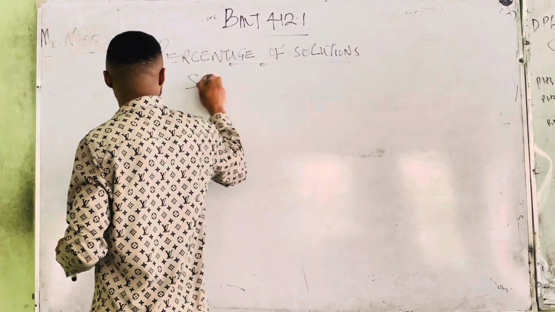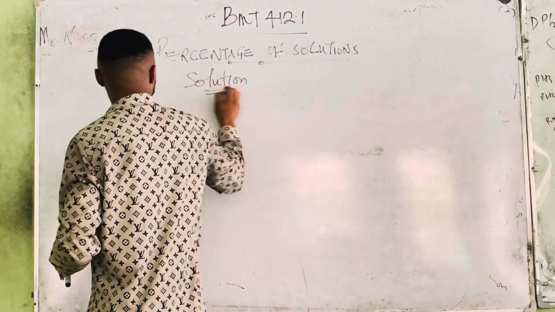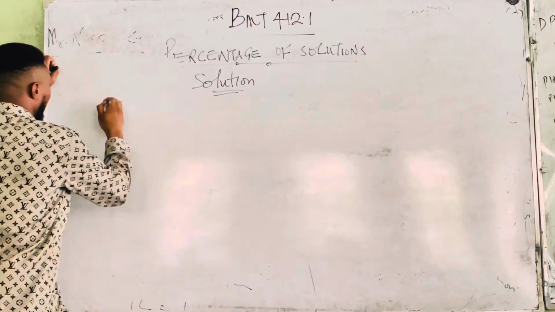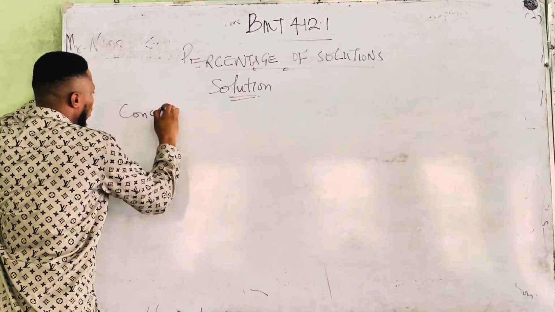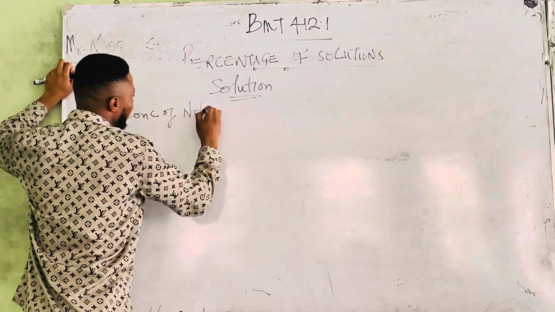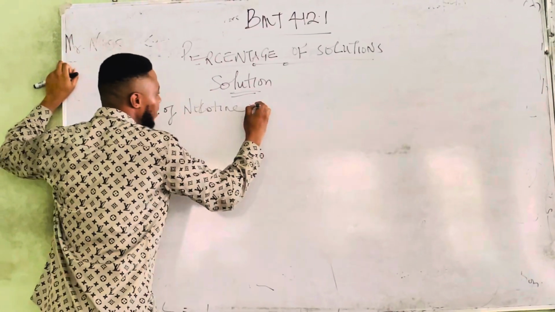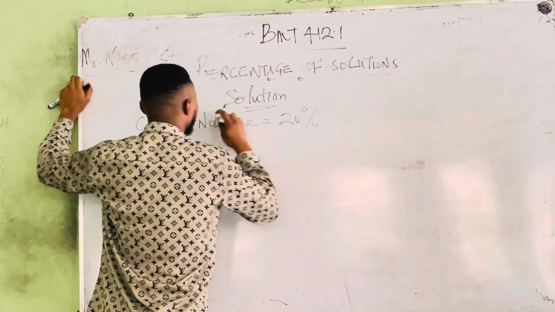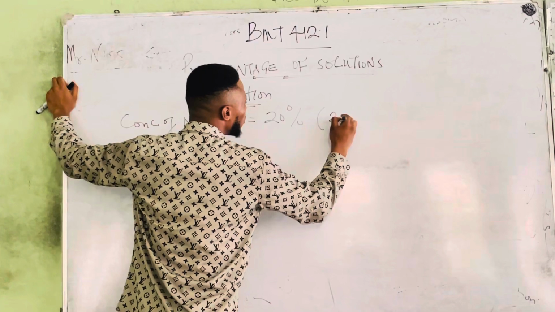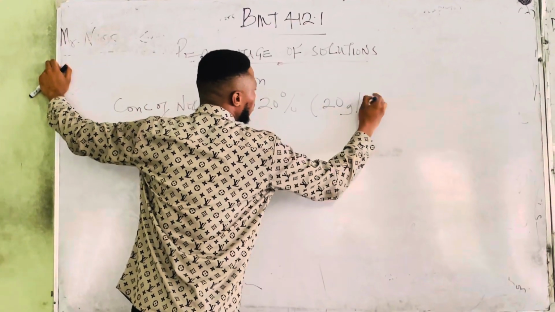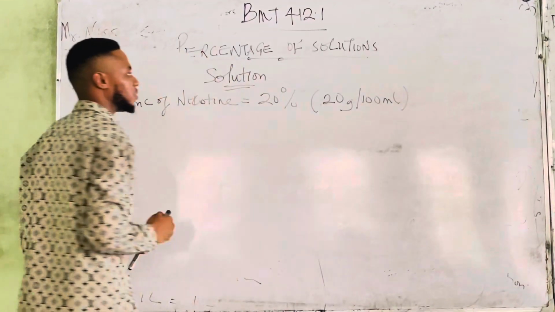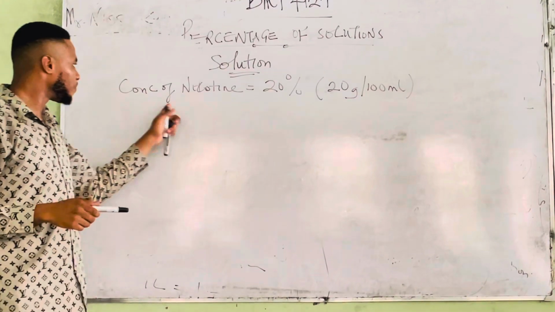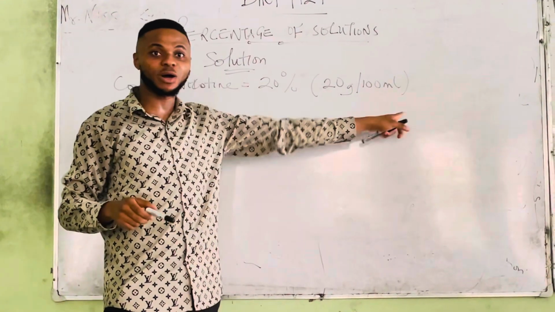Now, let's solve this. The concentration of nicotine here is how many percent? 20%, and 20% is 20 grams per 100 ml.